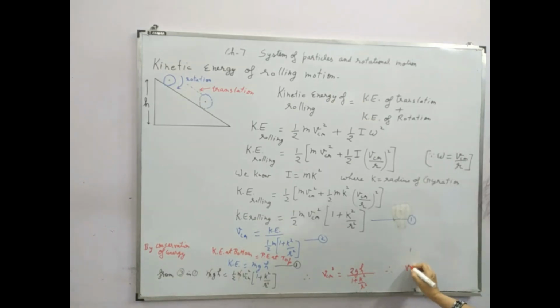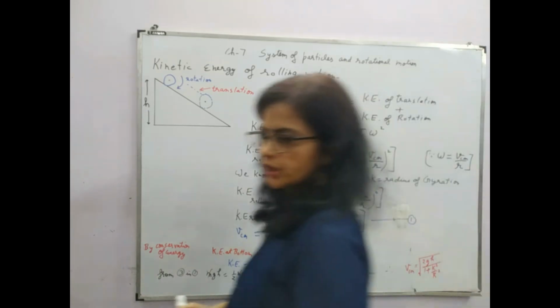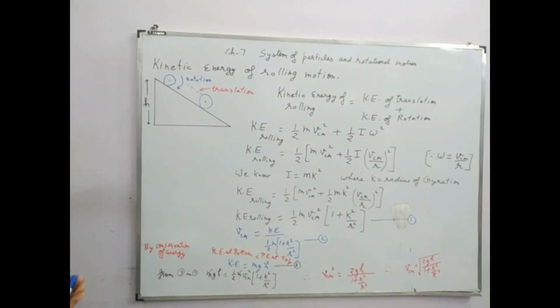Therefore, VCM is under root of 2gh upon 1 plus k square upon r square. So this was all about kinetic energy of rolling.